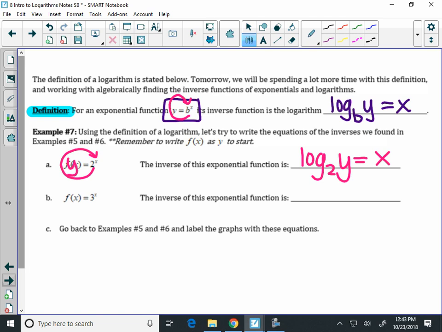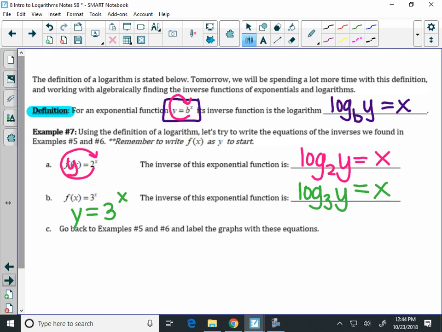Now if I had to do the same equation for 3 to the x, if I start as y equals 3 to the x, what would be the base this time? Log base 3 of y equals x. For today, it's always going to be of y equals x.